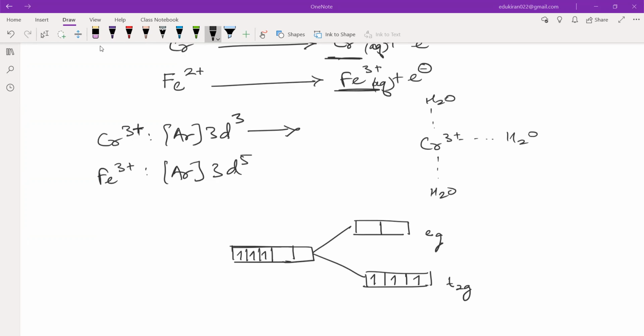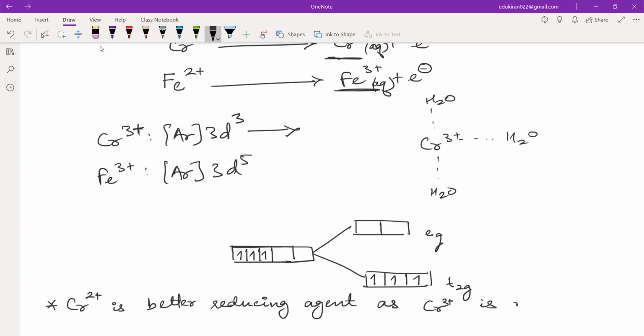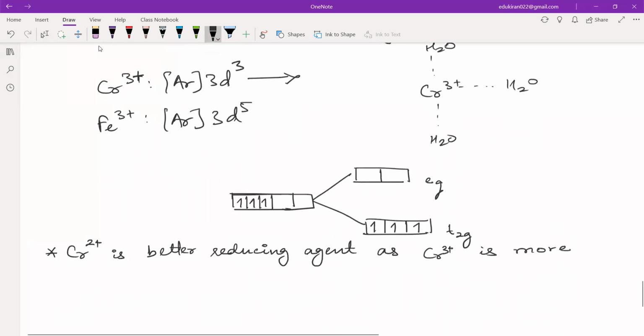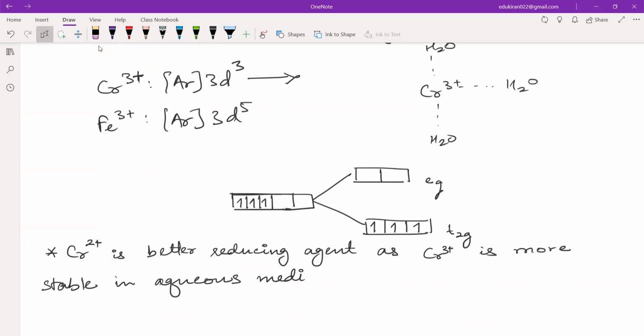So we can say that Cr2+ is the better reducing agent as Cr3+ is more stable in aqueous medium due to the t2g3 electronic configuration.